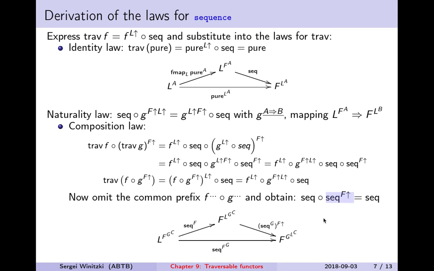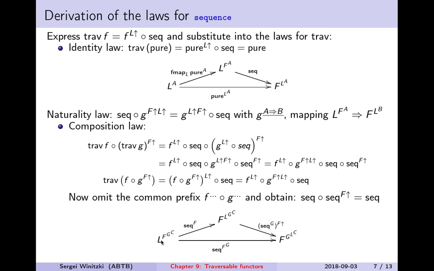Then we sequence with respect to g, but we lift it to be operating inside of f. So that means we interchange this L and this G. The result is FGLC.